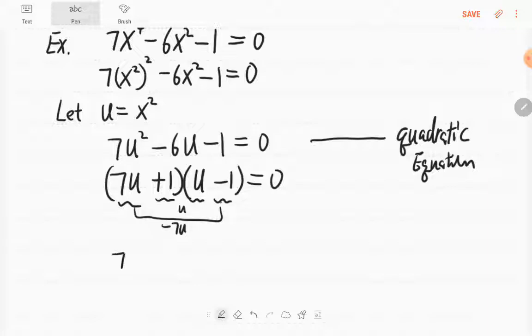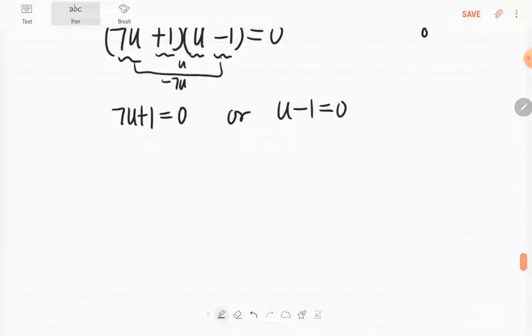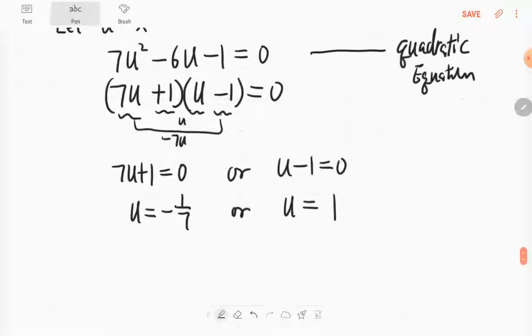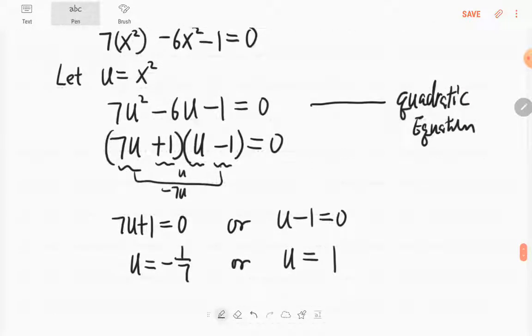So you have 7u plus 1 equals 0, or u minus 1 equals 0. For the first equation, you have u equals negative 1 over 7. We subtract 1, then divide by 7. And u equals 1, right? However, you notice that u is equal to x squared.